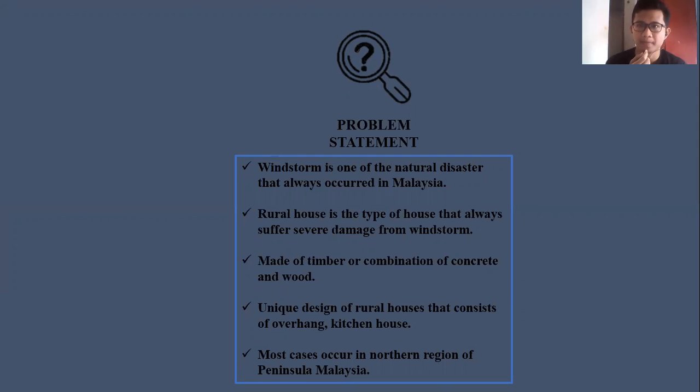Because of this, rural houses usually receive severe damage from windstorms. The unique and traditional design of the rural house, which consists of an overhang and an additional kitchen house, may affect the cost of the roof blown off issue.